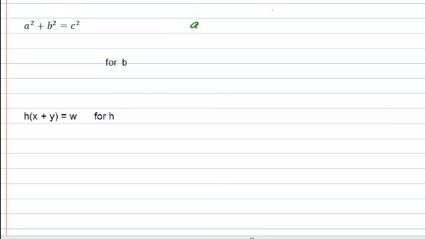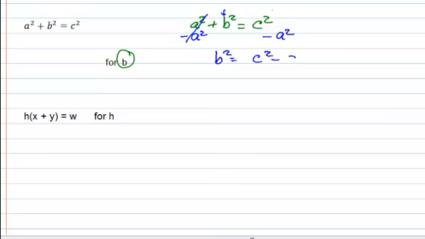So we've got a squared plus b squared is equal to c squared. We want to solve for b, so we get rid of anything that is not on the same side. Here's our b. So we subtract a squared. So now we're left with b squared is equal to c squared minus a squared.